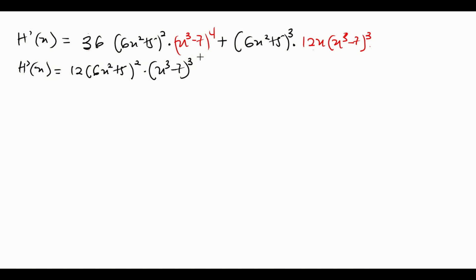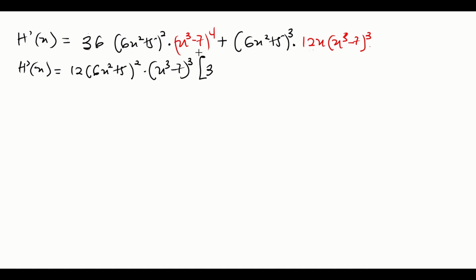Now we are able to factor out the simple terms. Let's see now what will be left. Now we factored out 12 from this first element here. Since we factored out 12, 12 into this will just be left with 3. So I have 3 over there. Now I factor out the same thing, (6x² + 5) all to the power 2, so here everything is gone and it's just left with 1.